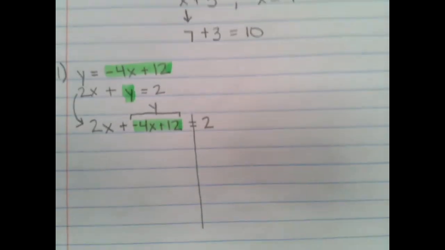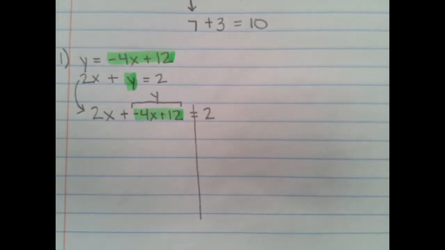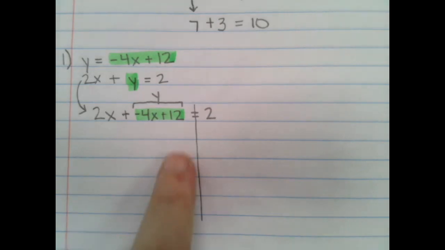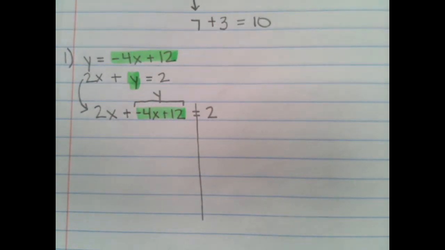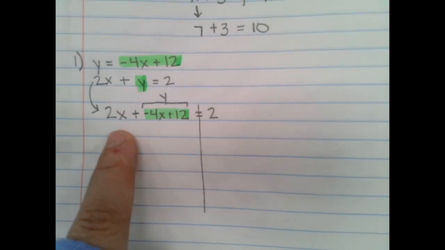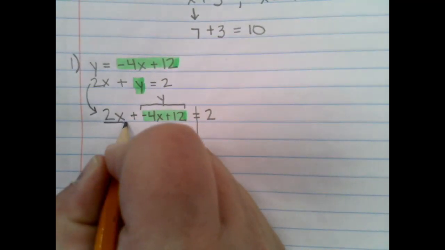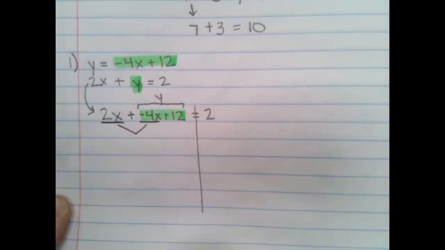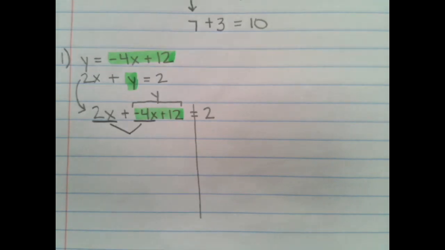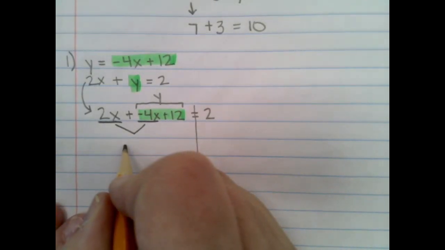So to solve this equation, what's my first step that I need to do on this left side? Yeah, I want to combine the like terms, the x's. So I have this 2x and negative 4x. I'm going to combine those together. So what's 2 plus negative 4? Positive or negative?